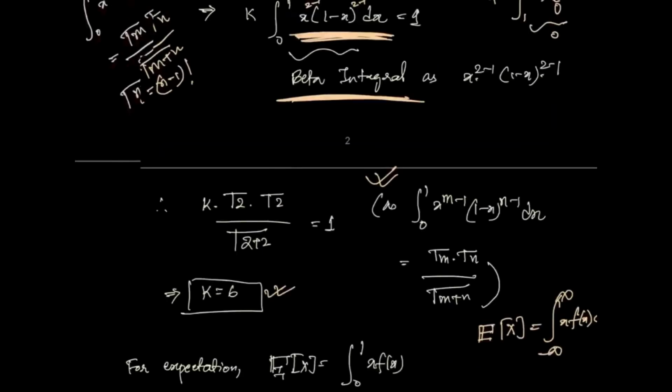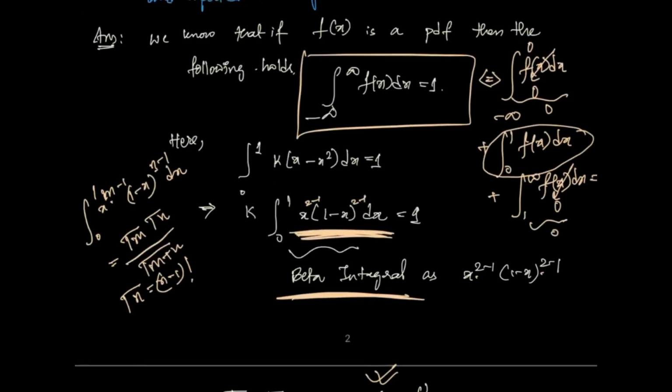Oftentimes these complicated integrals reduce to beta integrals, and in some other cases to gamma integrals, and you can solve them with properties of definite integrals that we learned long ago in class 11, 12. So brushing up on those formulas and on the tricks you used for definite integrals definitely helps in solving this.